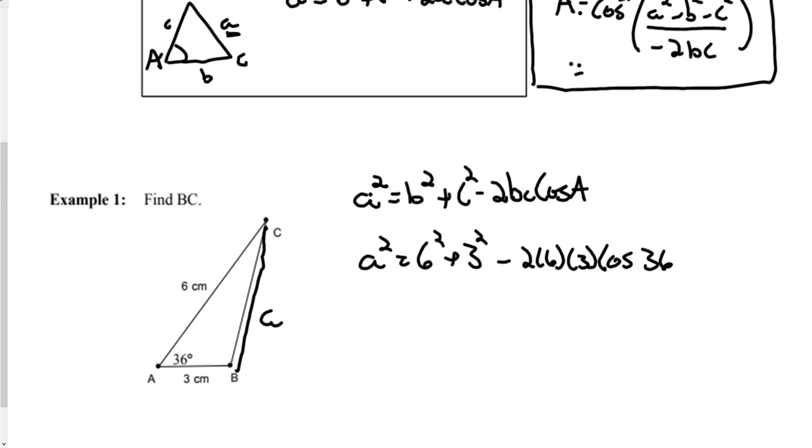Now, this 2 times BC cosine A, that's where most people make the mistake. You have to multiply all of this together.